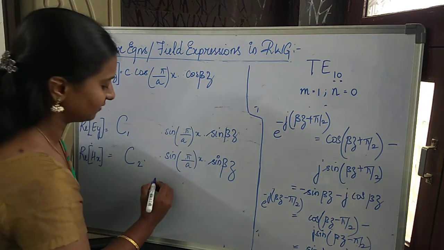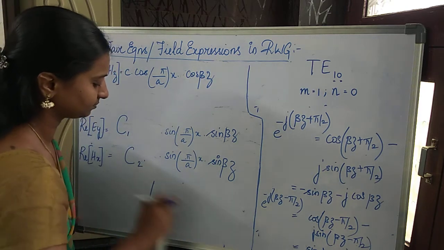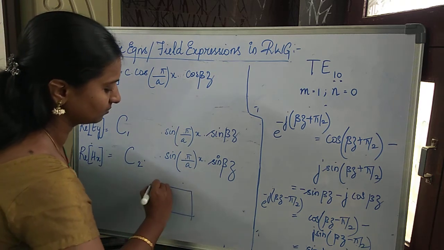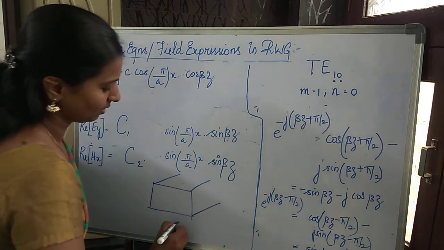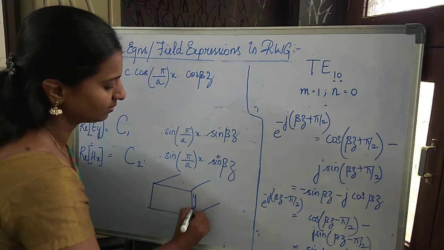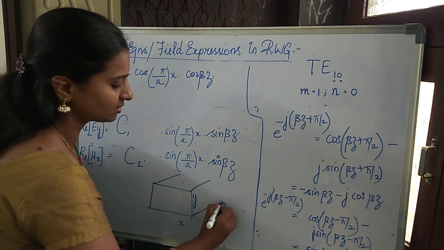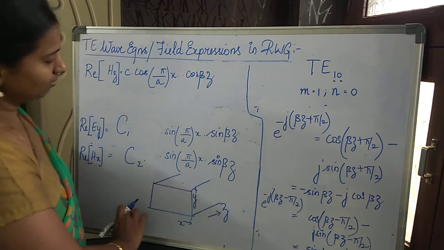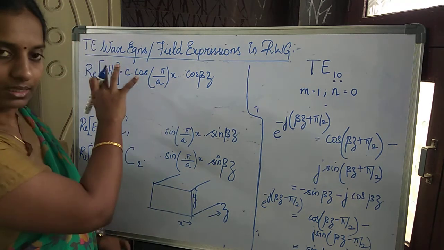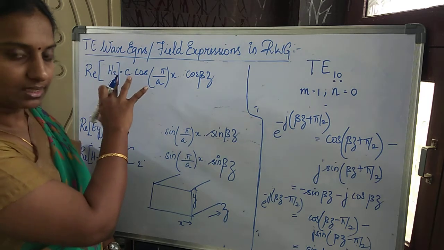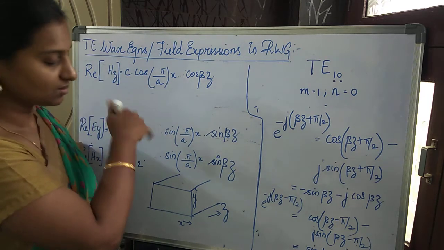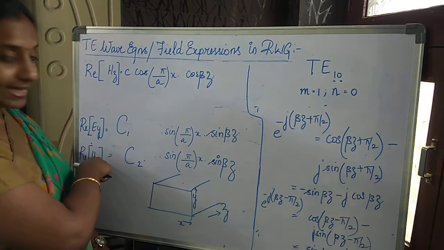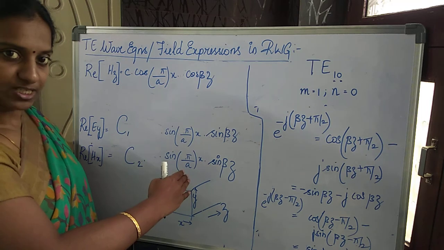in the rectangular waveguide, x dimension is there, y dimension is there, and z dimension is there, right? So if I'm considering Hz, it means that magnetic field is present along z dimension, this direction, okay? And also magnetic field is present along x direction also.